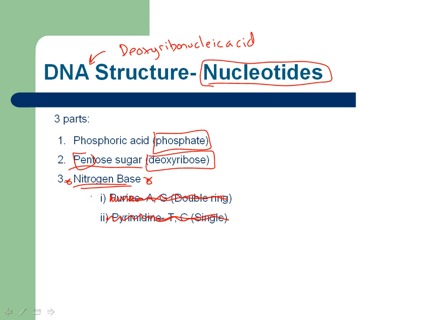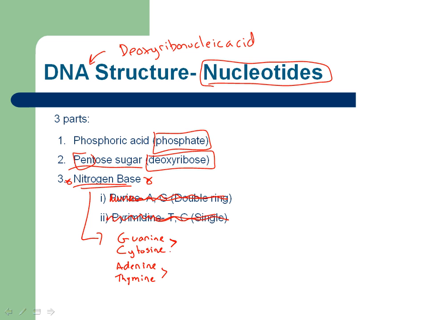What I want you to really focus on here are these two nitrogen bases, guanine and cytosine. Guanine and cytosine always are together, and then the adenine and thymine.